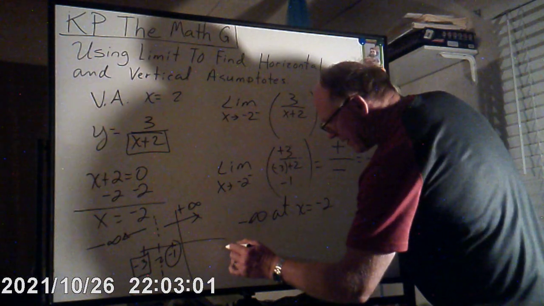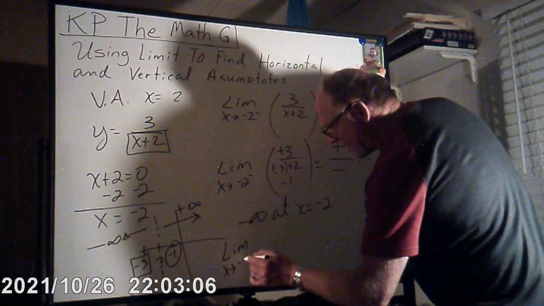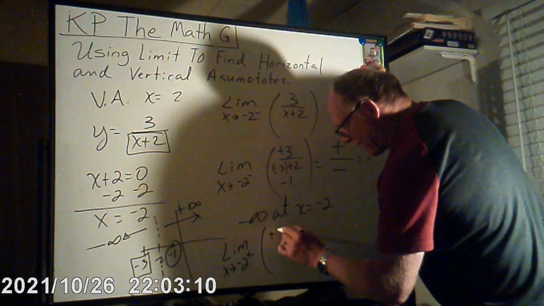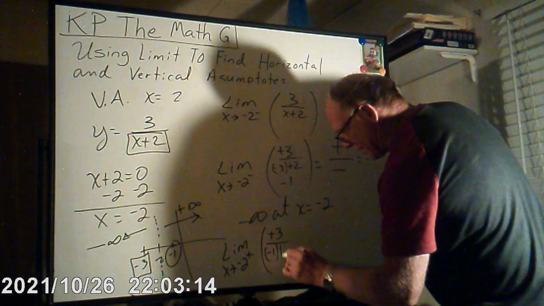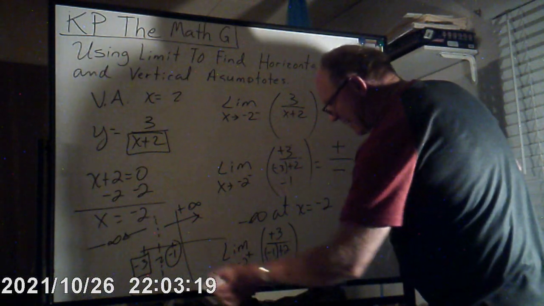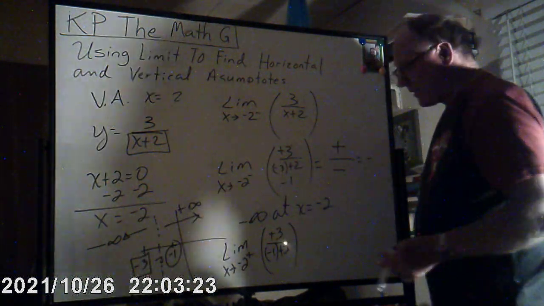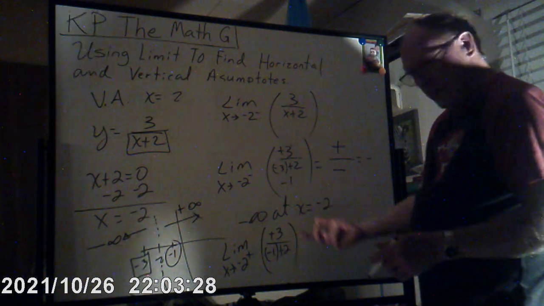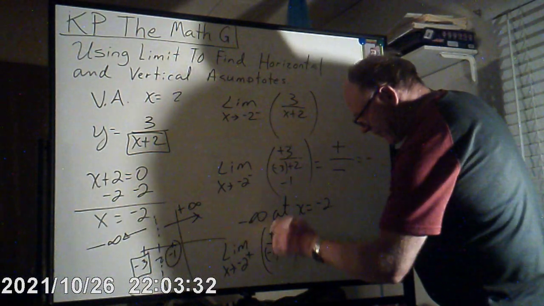So let's see. The limit as x approaches -2 from the right this time, and we still have 3 over this time -1 plus 2. I know the teachers will probably say, KP the math guy, what are you showing my kids? Well, I'm just showing you how to get infinity here. That's basically all I'm showing. The 3 is positive.